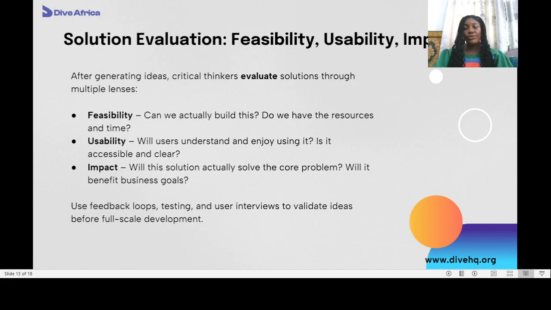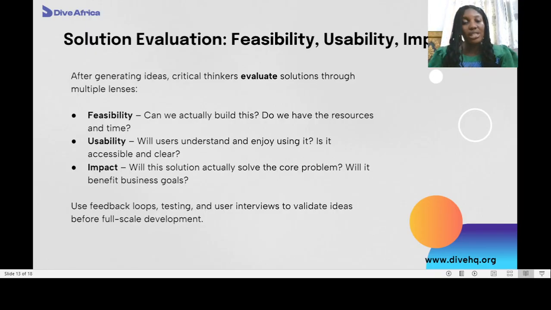First, feasibility: can we actually build it? You can ask your team members, how do we go about this? Do we have the resources and time? That is something you need to deliberate about.